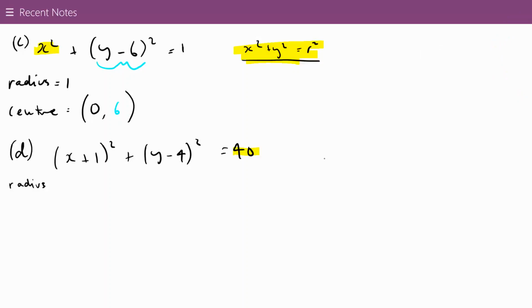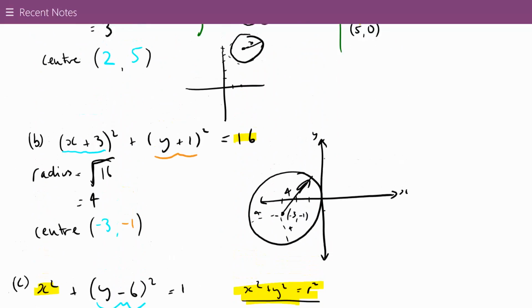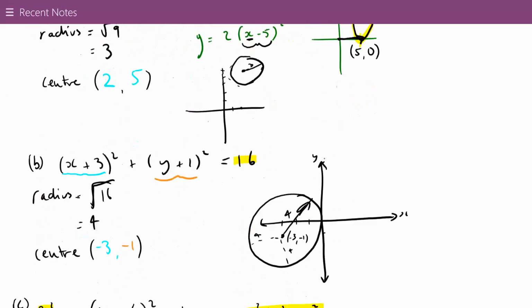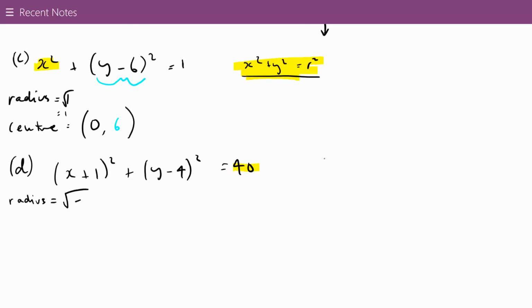There isn't a nice whole number that will square to get 40. We know 7 squared is 49, 6 squared is 36. So what we need to do is, just like we did up here, we square rooted the number on the end. I square rooted 9. Down here, the radius is the square root of 1, which is still 1. So what we need to do is square root 40. So the radius is root 40.